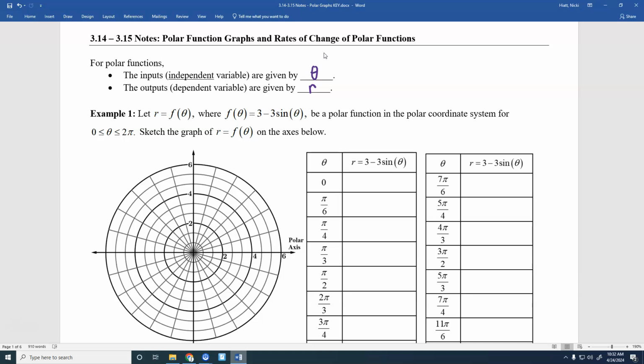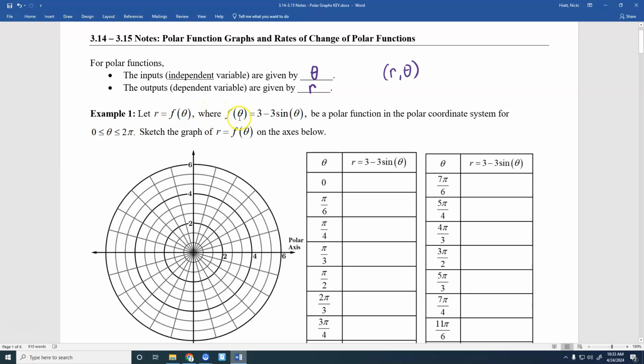Which is a little bit backwards because whenever we write the coordinates, we write them r, theta. And r is first, whereas whenever we write an equation in rectangular form, we usually put our y first, right? It's usually y equals something, which is our second coordinate. So it's not the same for this. But we are going to see these as r equals f of theta the majority of the time.